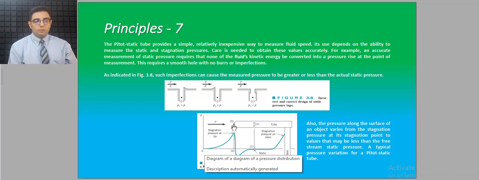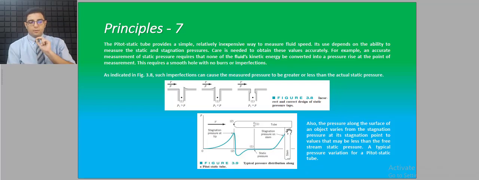When it reaches point 2, it hits the climax. Moving forward, reaching point 1, it's going to be converted to the static pressure, and once again when it reaches the stem of the tube itself, the stagnation pressure rises exponentially.